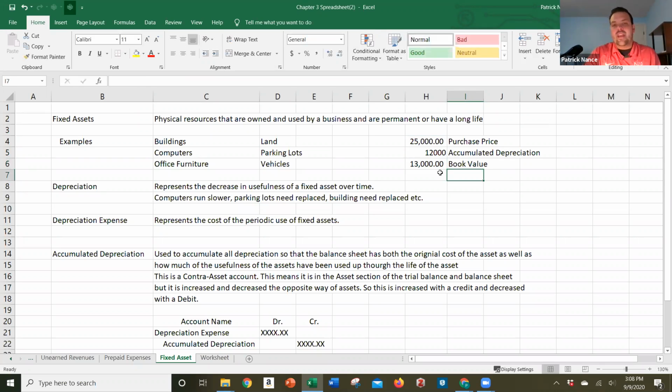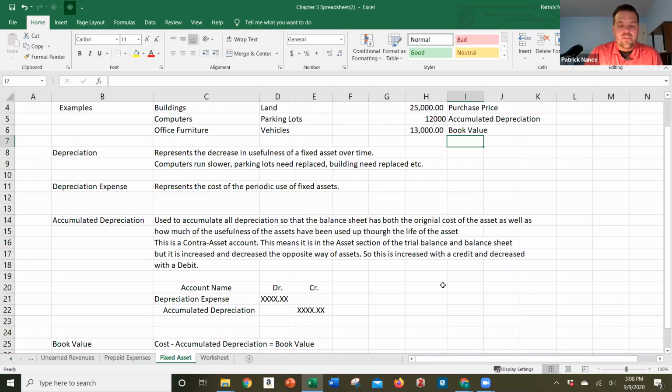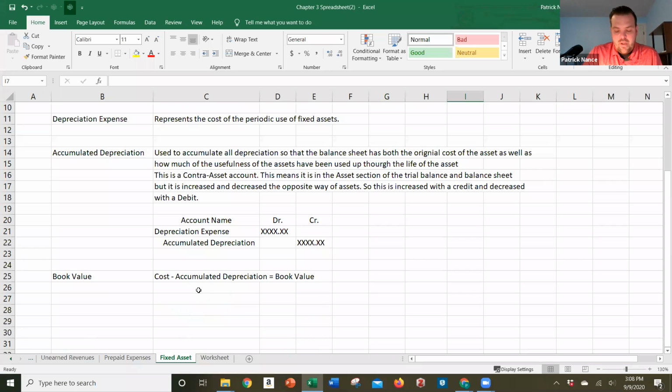What that shows is that the vehicle only has $13,000 worth of usefulness left, based on my estimates and calculations. I'm only going to get $13,000 worth of use from that vehicle from this point forward. So that's depreciation. The entry is always the same. And I think I'll have one more video for this chapter and be done with chapter 3.